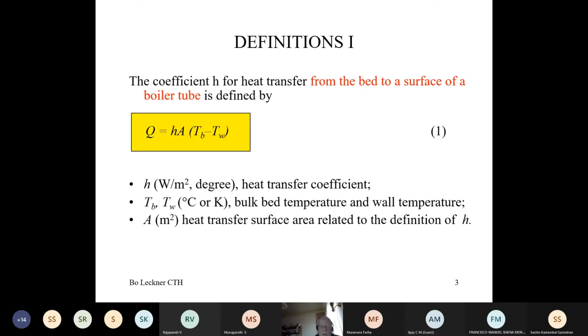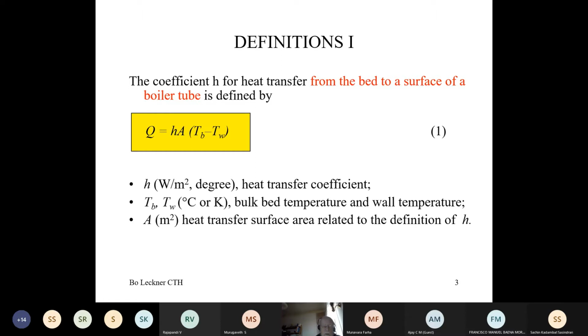Okay, let's start with the definition of heat transfer, which is this equation 1. The heat transferred is related to a heat transfer coefficient and the surface and the difference in temperature between the surface TW and the bed TB.